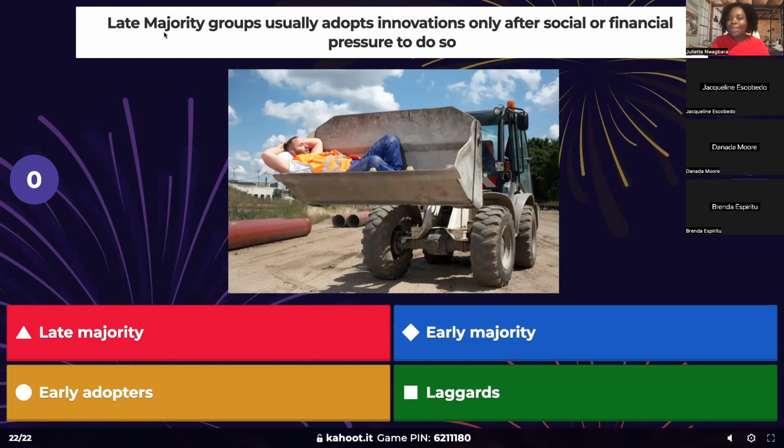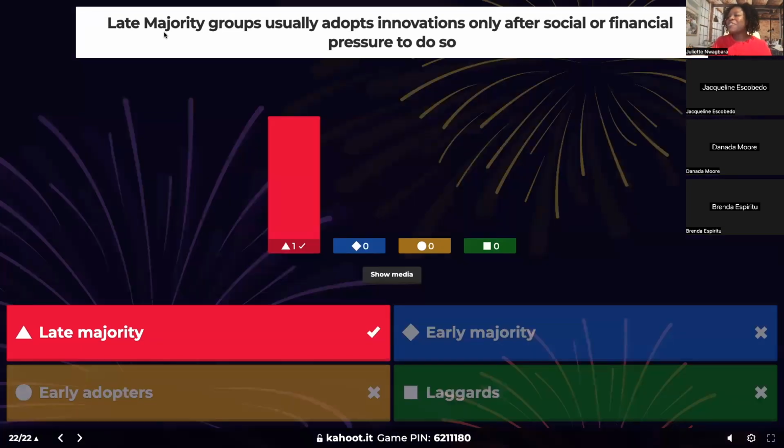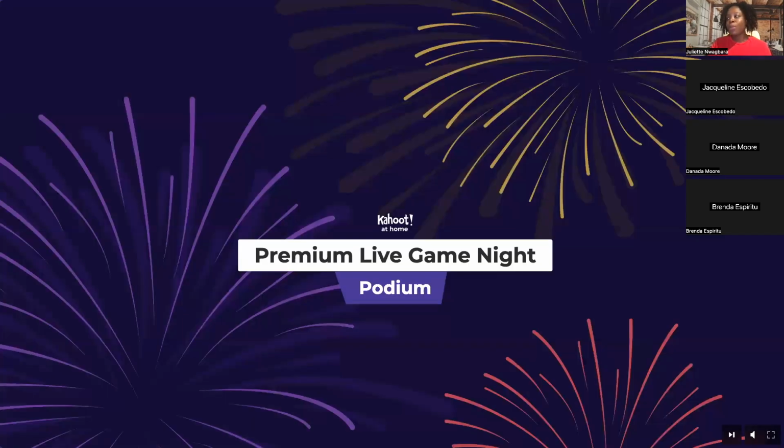Free point. Free point. Yeah, so it is late majority. So that should have been a blank. But yes, this is the characteristics of the late majority group, and they do like to test on you knowing what each of these innovation groups function and how they approach new technology. So you want to make sure that you study that as well in your RHIA prep.